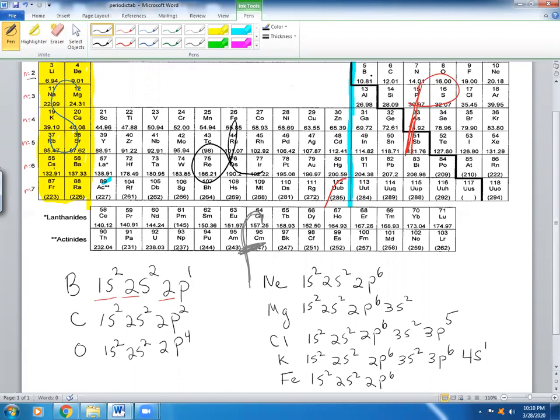Okay, so we said this was 2p6. Then you have 3s2. 3p, how many boxes? 6. 4, 2 boxes, S2.